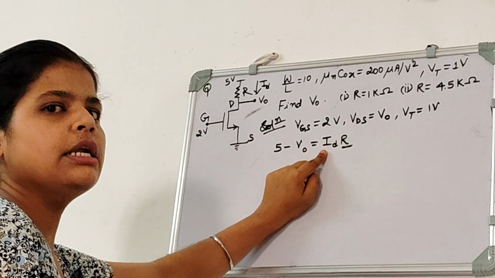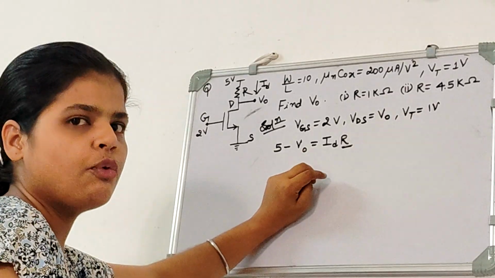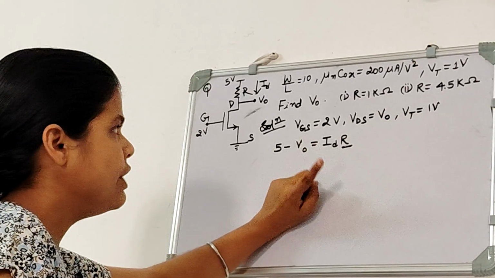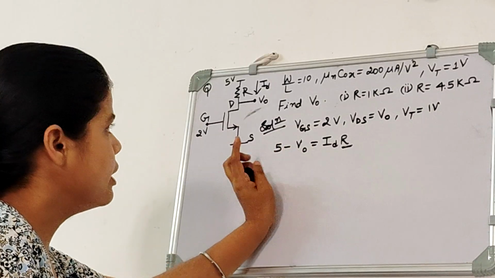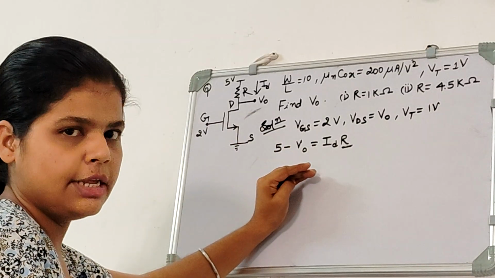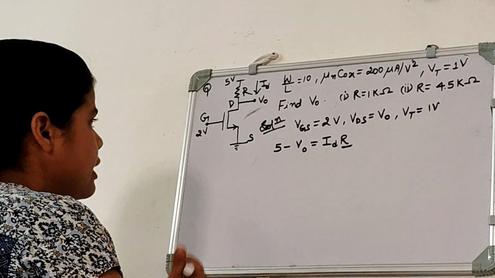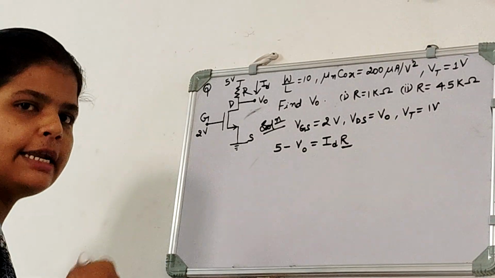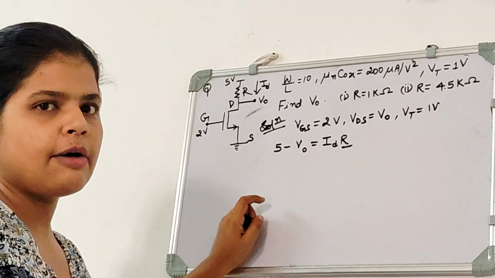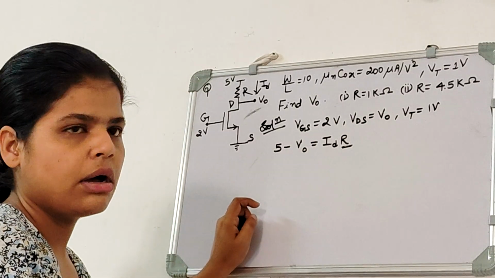And for drain current we know that there are two equations, one for saturation region and the other for linear region. So we need to find out whether the NMOS is working in saturation region or linear region. For that we will first assume that it is working in saturation region, and then at last we will verify whether our assumption is right or wrong.